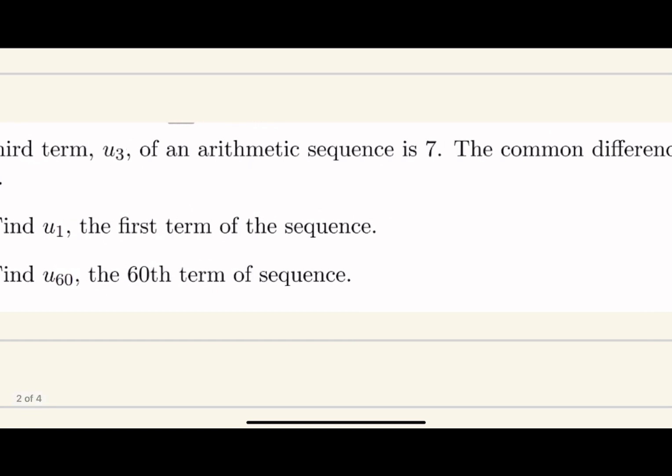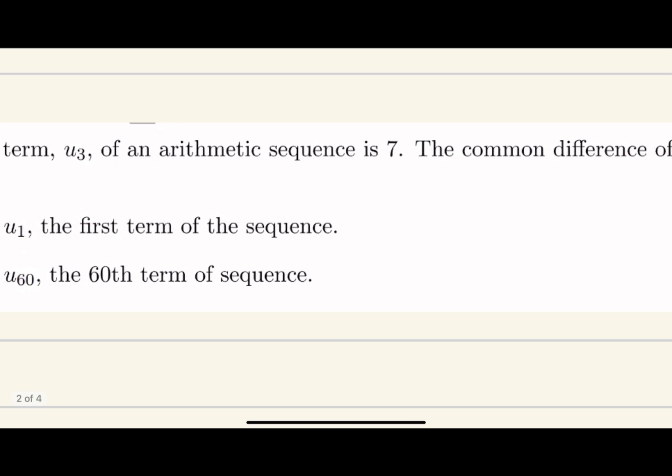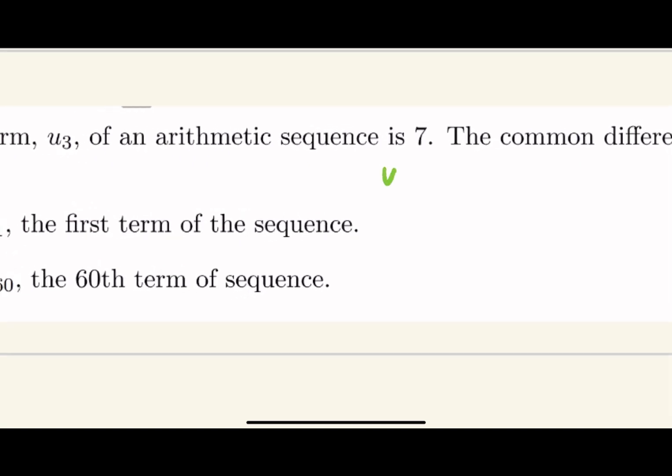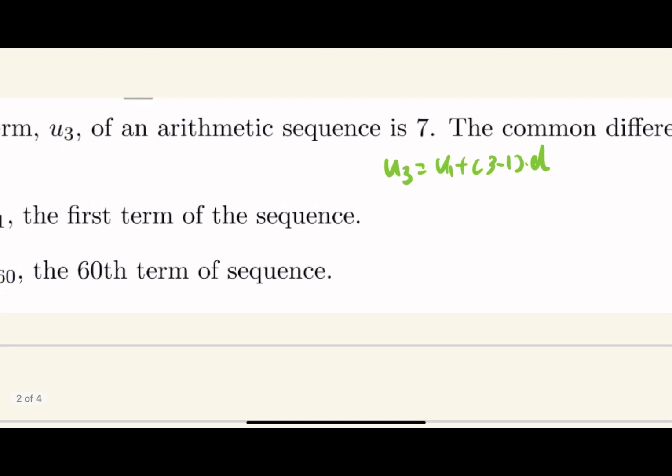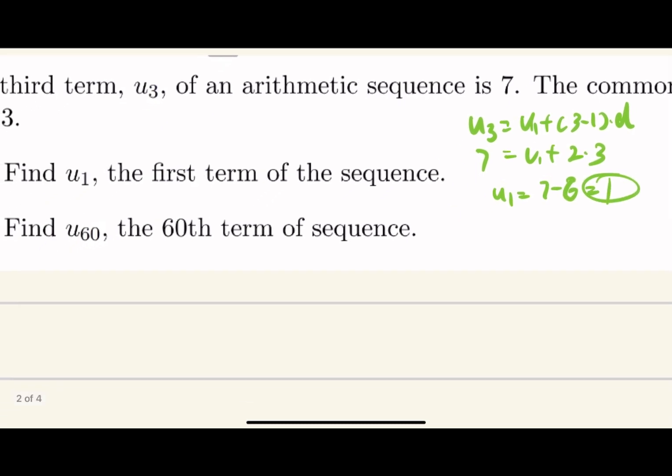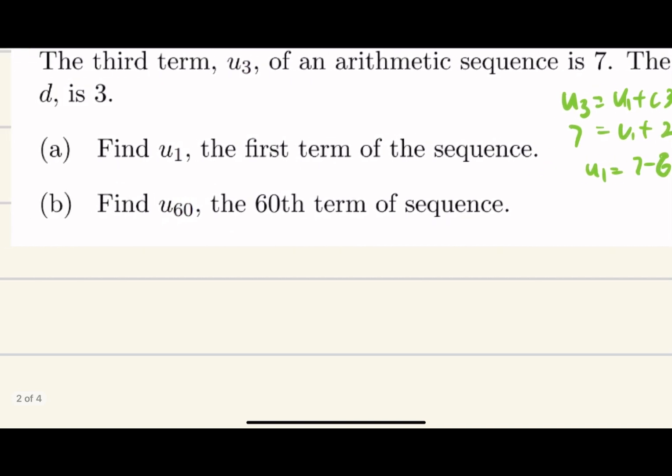So U3 equals U1 plus 3 minus 1 times d. U3 is 7, U1 is what we're trying to find, and 2 times d. What is d? That will be 3. So U1 equals 7 minus 6, which is 1. So U1 is 1. Really? Oh, that's such a nice answer.